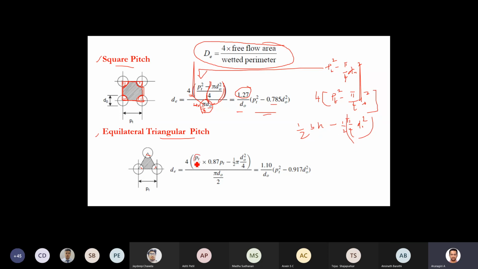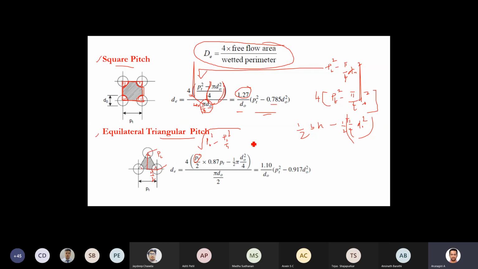B is the PT. What is H? This is your H, correct? This is PT by 2. This is your PT. So what would be this value? By Pythagoras, PT square minus PT square by 4, root of that value. So that is your H.